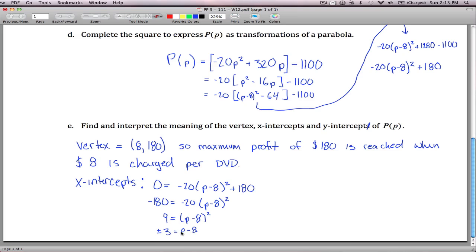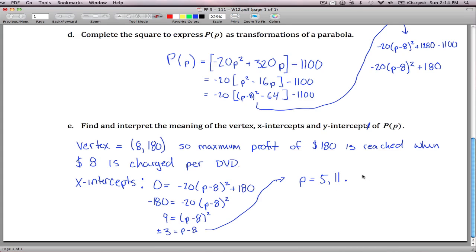Be careful there. And so finally, to solve, I don't know where to go, maybe right here. So up here maybe. So let's take this up to here. We get p is equal to, let's see, 3 plus 8 is 11. Negative 3 plus 8 is 5. 5 comma 11.